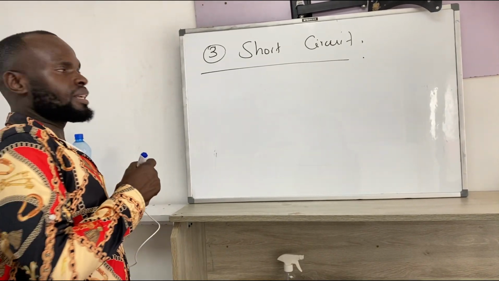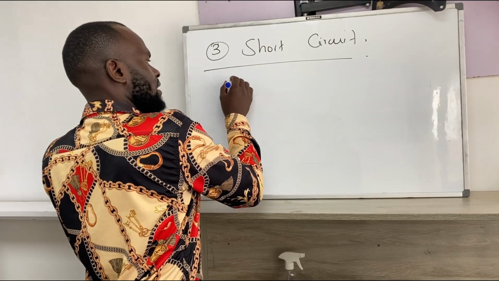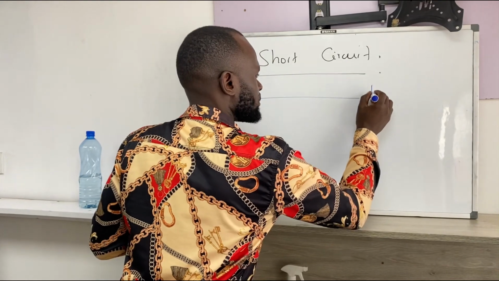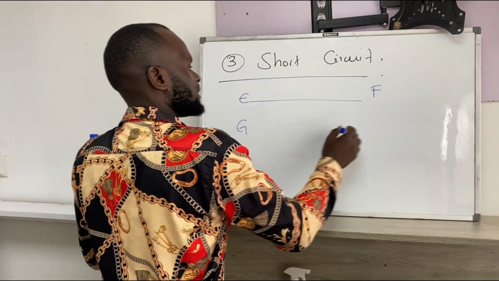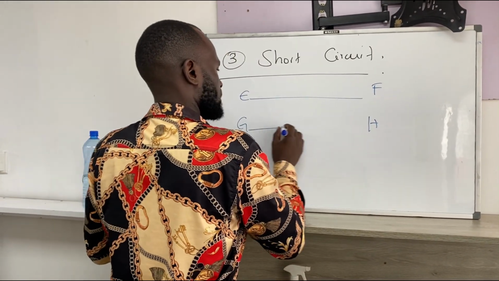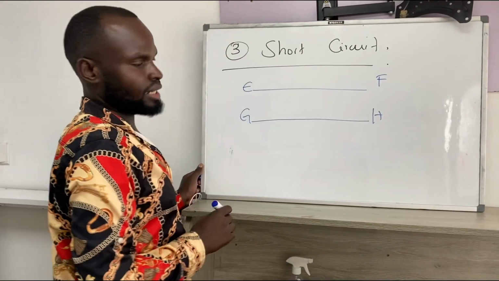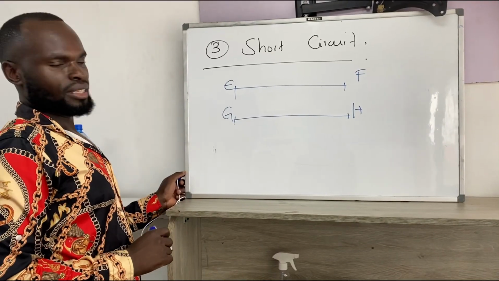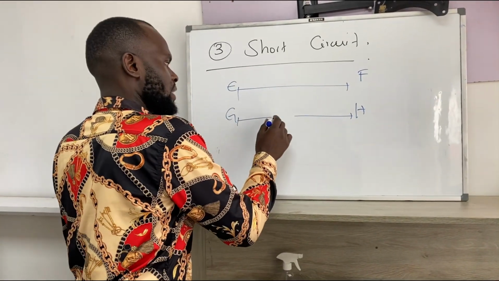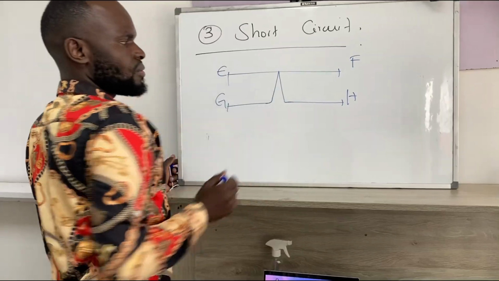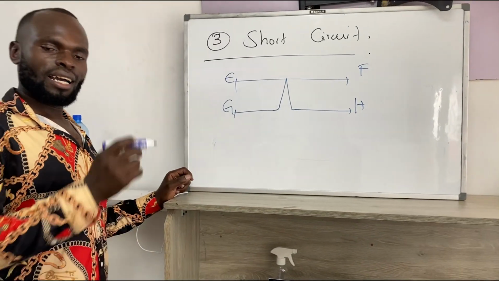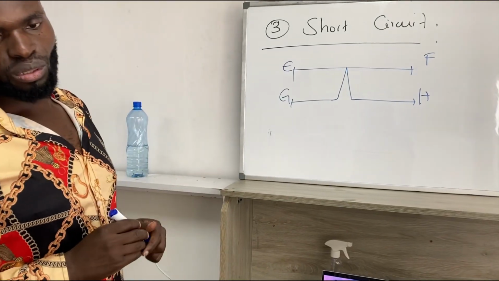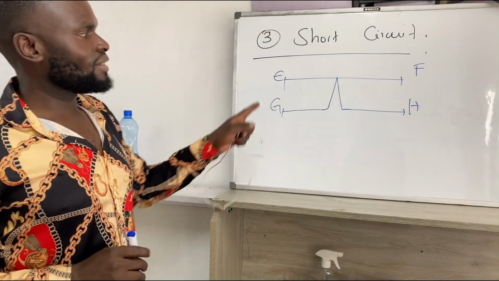Two or more different tracks. Now we have line C, D, line E, F, line G, H. Okay? So these two lines, of course, they are continuous, but somehow or somewhere in between, one line has attached to another that is not supposed to.